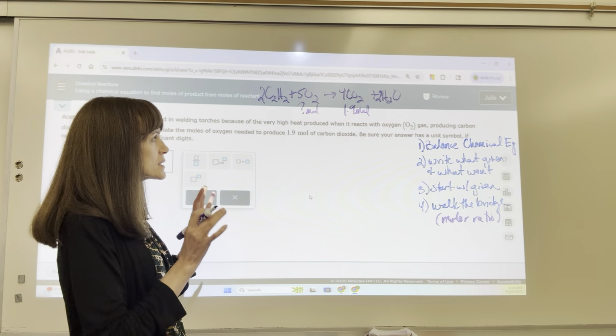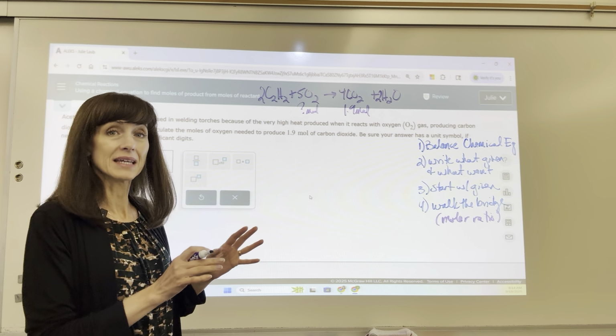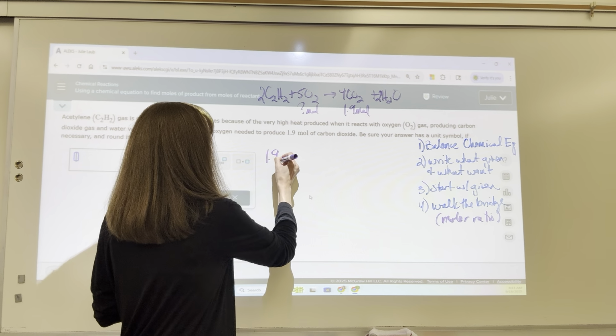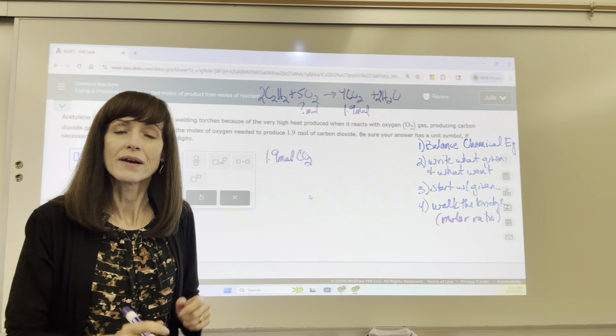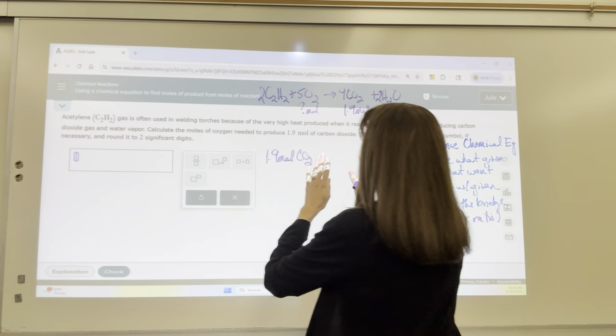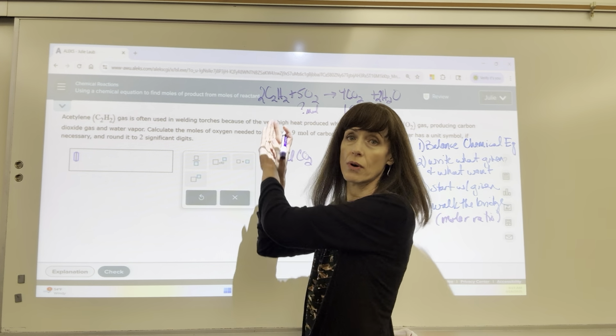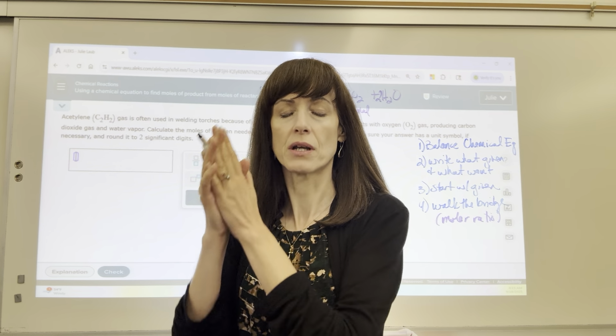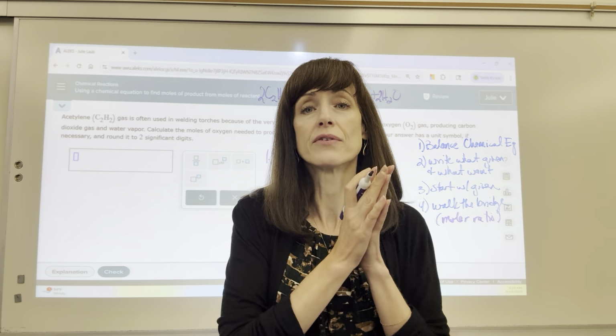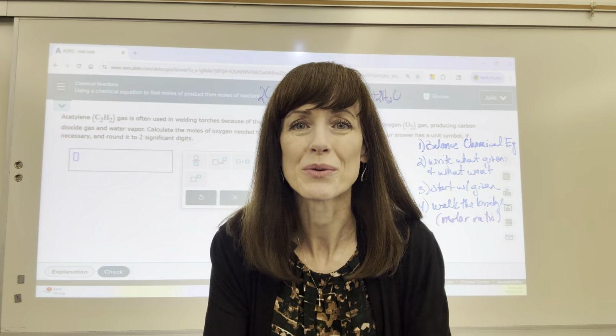Now, we're going to start with the number they give us, this 1.9 moles of CO2. And here's the deal. We have to walk the bridge. We have to walk from CO2 to O2. The only way you can ever go from information of one compound to the information of another compound is with the molar ratio.